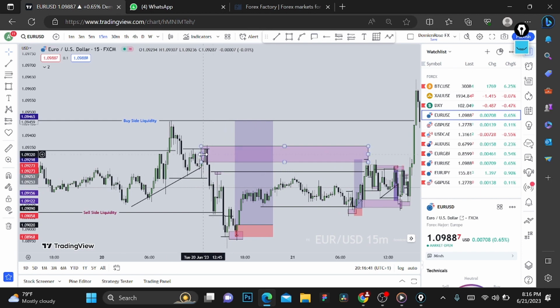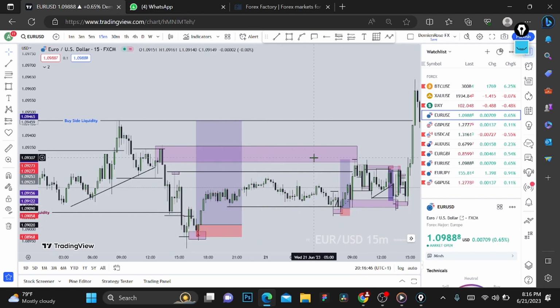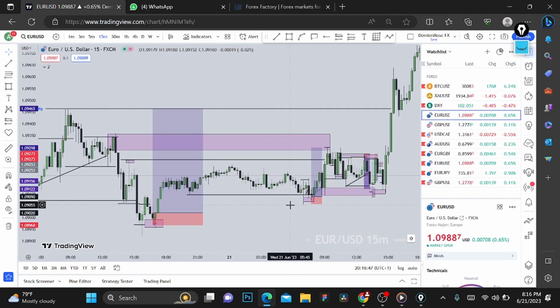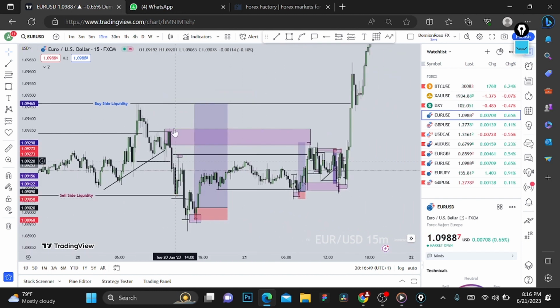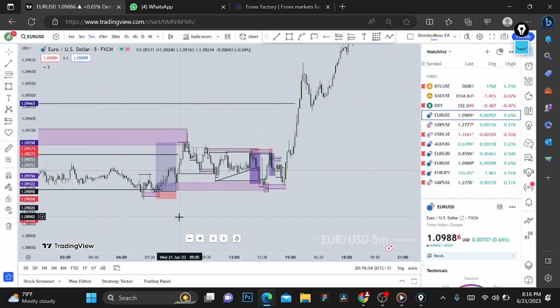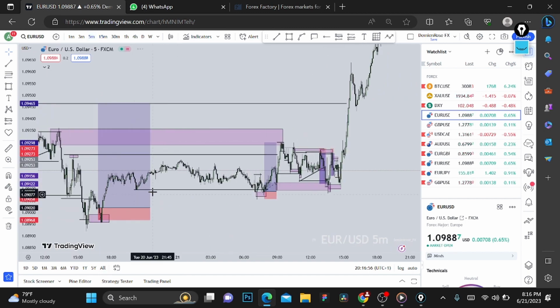So we have this, right? That's why I marked the high and the low out, and then we're just anticipating. Then the London session starts. This was Asia. Asia starts for me at 10 p.m. to 6 a.m. my time.